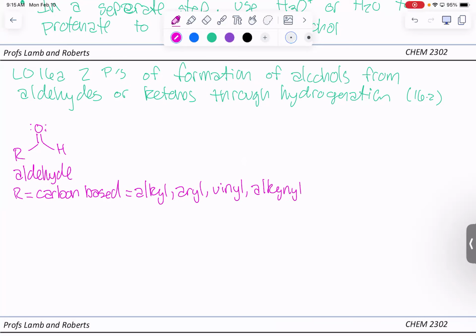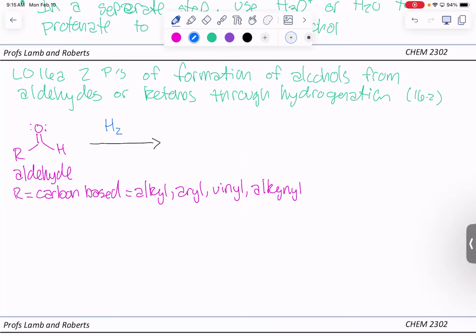So these are very, very generic reactions. They work with a lot of different things.